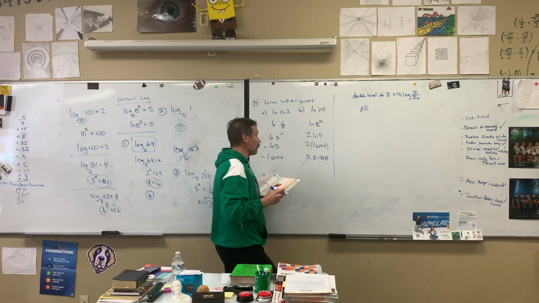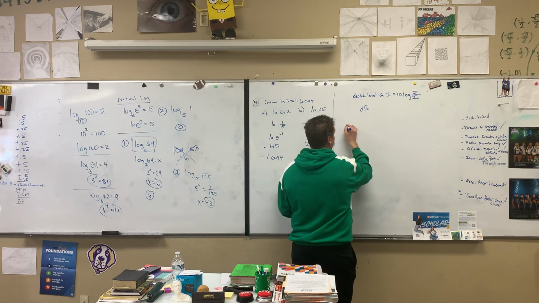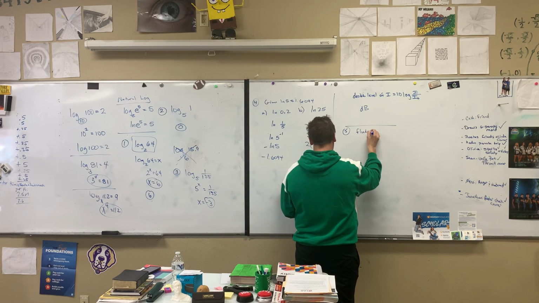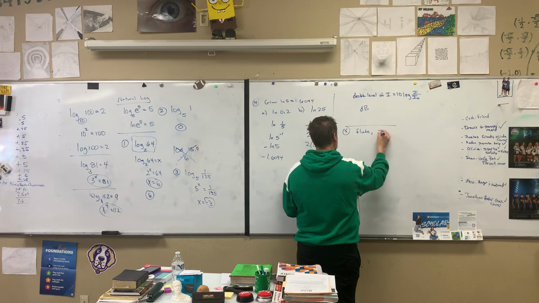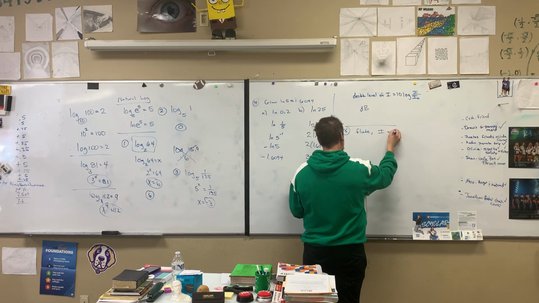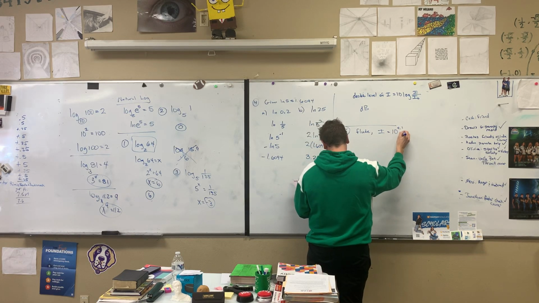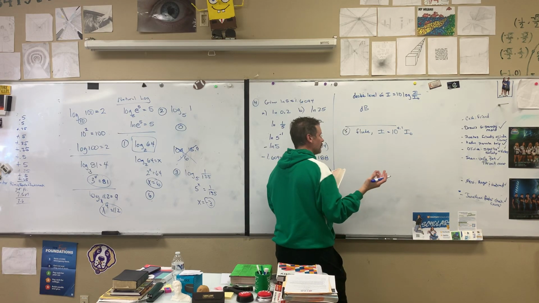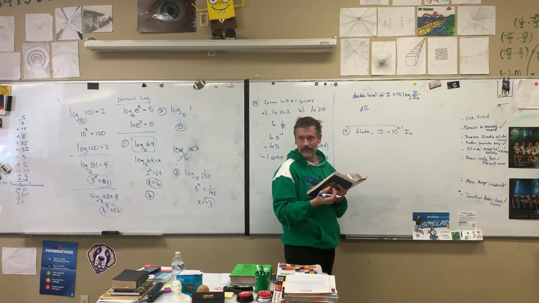So you have a problem, call this number 5. They say find the decibel level for each sound with the given intensity I. A softly played flute is given as the intensity 10 to the 4.1 times I sub 0. That's just the intensity level of a flute being played.